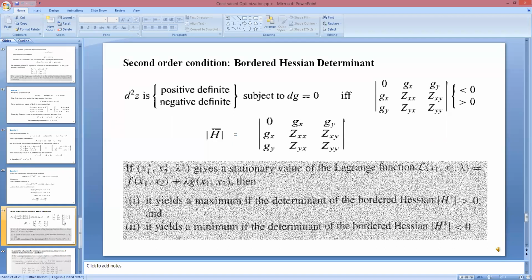Aratrick, since you are learning so many things, you can avoid writing this matrix if it disturbs you. So please write down this H bar as I'm telling you. Instead of 0, first write down Z lambda lambda.